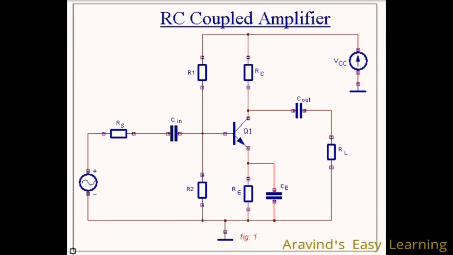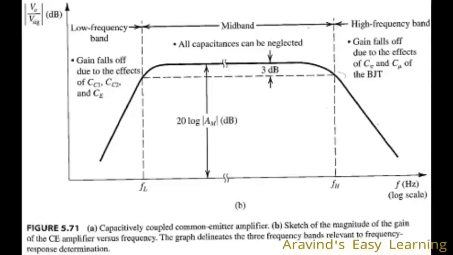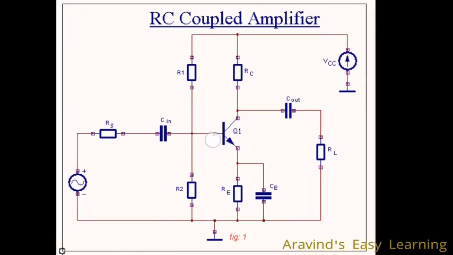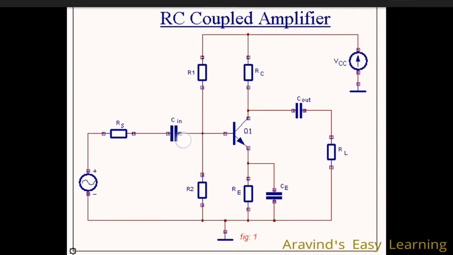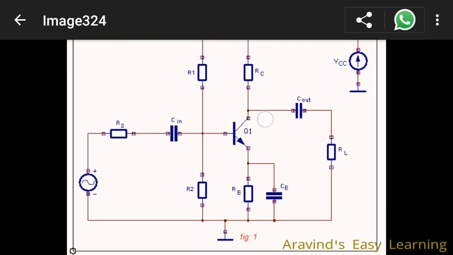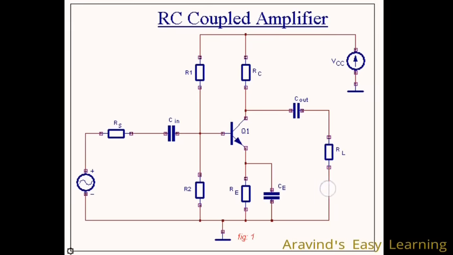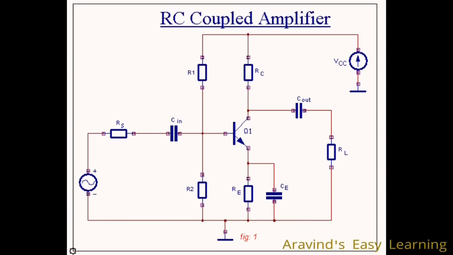So the main purpose of the coupling capacitors is to provide isolation of this DC from both input and output, and the DC is contained here. Also, the coupling capacitors only allow AC to pass, so only the signal gets inside and only the amplified signal, that is AC, reaches the outside. Here the load is here, so outside it will only reach the load as AC, no DC is present.